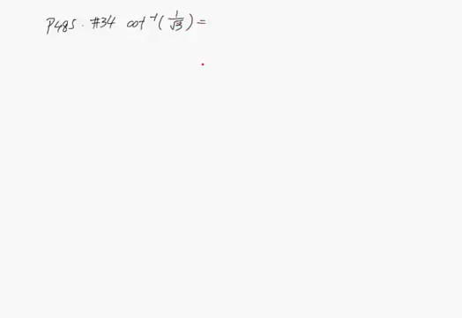What is this angle? So this is equal to the inverse cotangent of root 3 over 3. For which angle between 0 and pi is the cotangent equal to root 3 over 3?